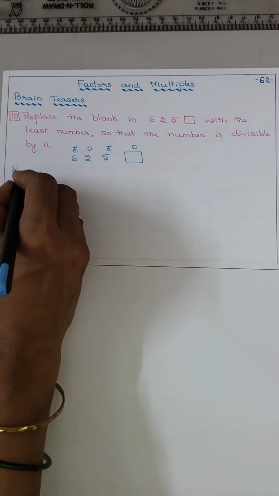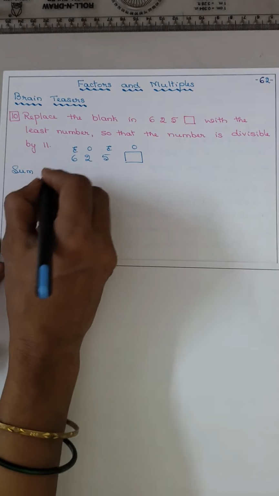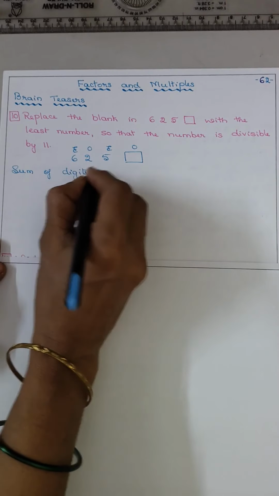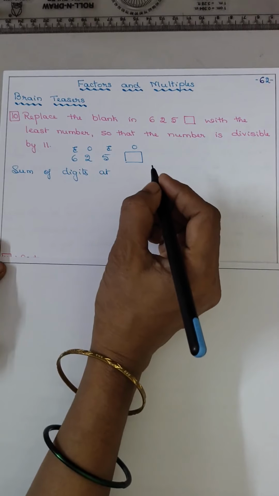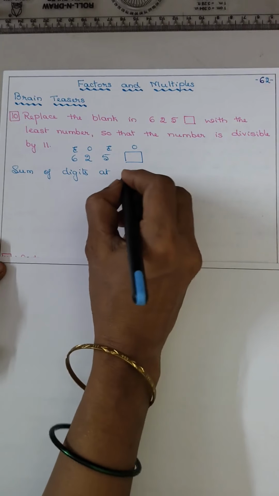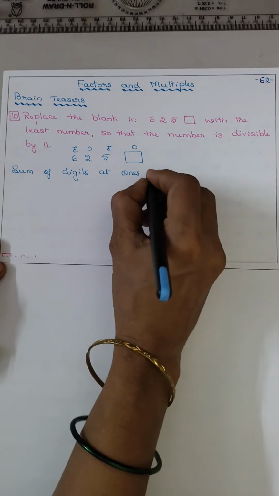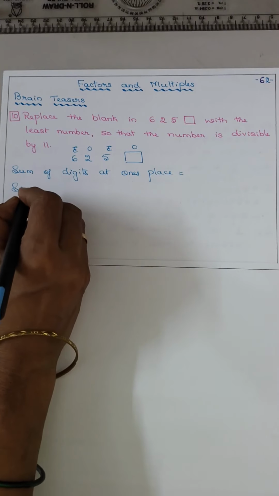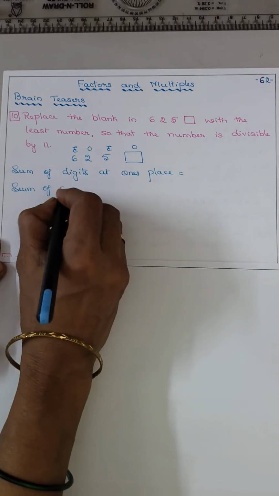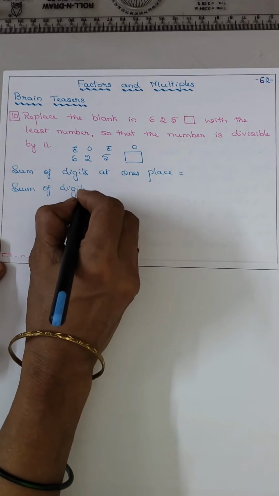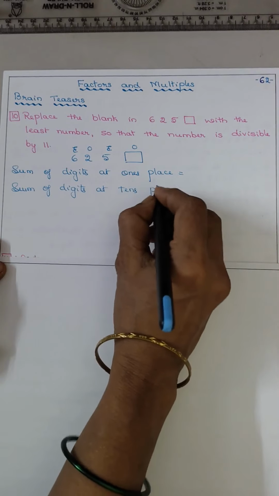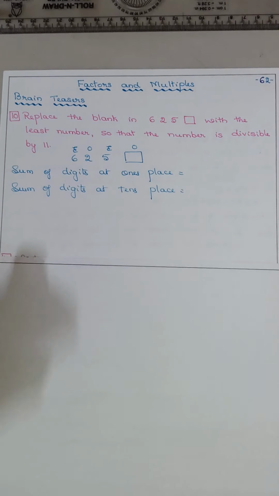So sum of digits at ones place, sum of digits at tens place, and the difference.